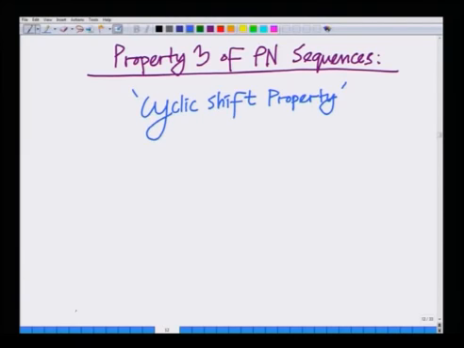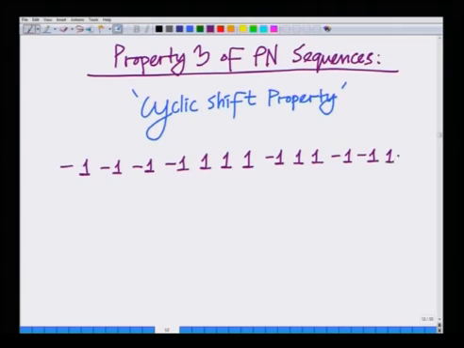Now, let me write down again the same PN sequence that I had written before: minus 1, minus 1, minus 1, minus 1, 1, 1, 1, minus 1, 1, 1, minus 1, minus 1, 1, minus 1, minus 1.